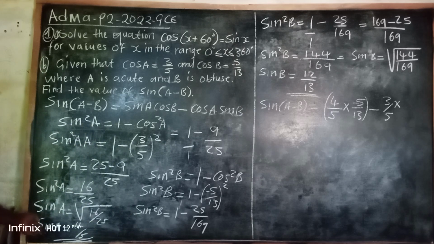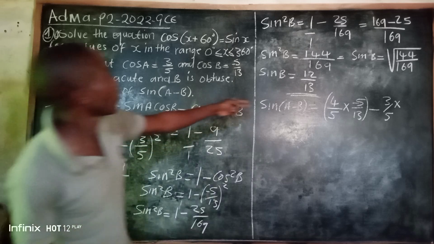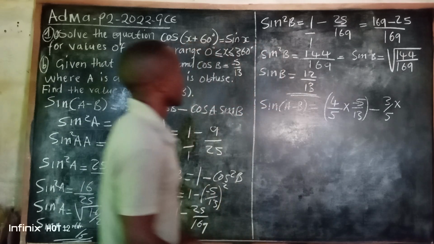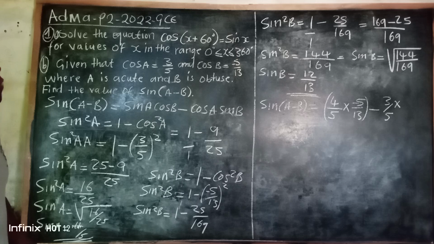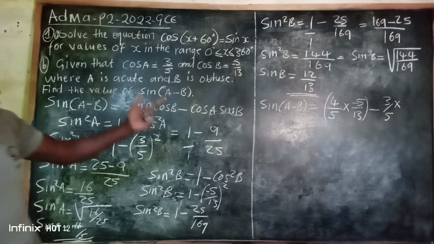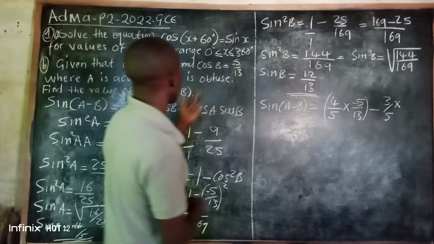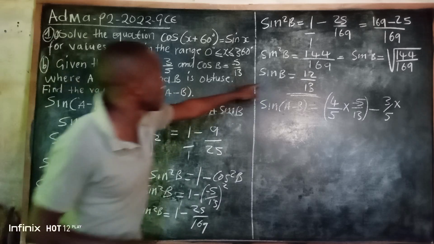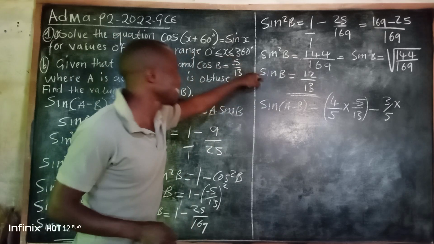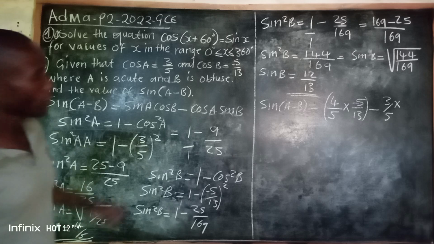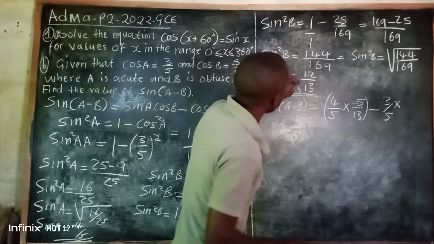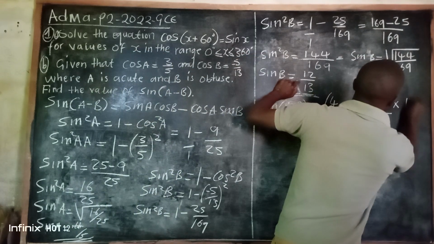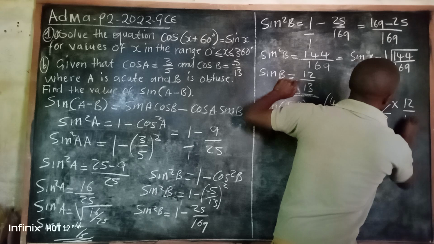See sine A, then sine B. Oh, it's on top. It's here. 12 over 13. So now for sine B, B is in the second quadrant because it is an obtuse angle. So since it is in the second quadrant and sine in the second quadrant is positive, just get it the way it is. Positive 12 over 13.